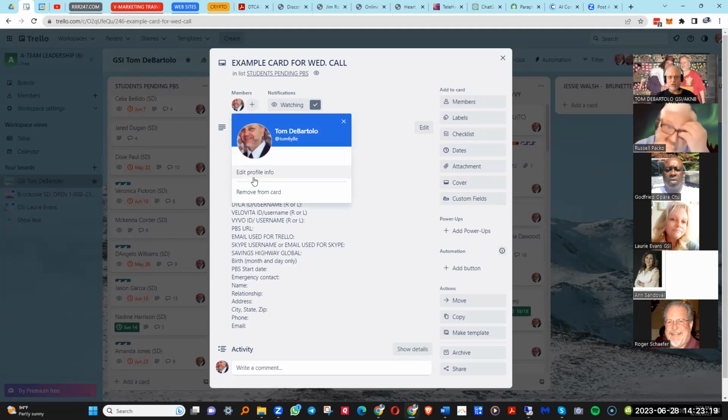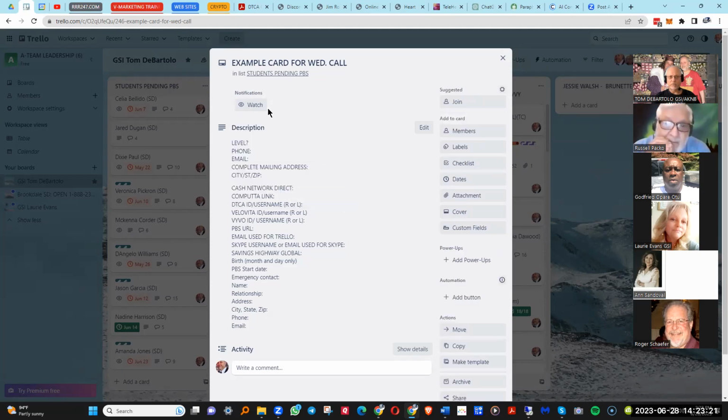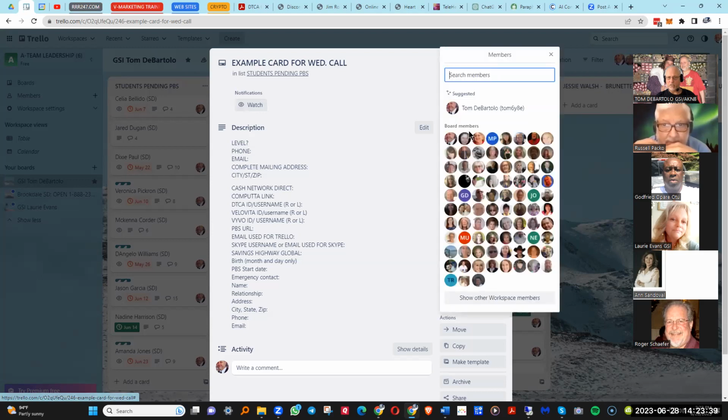Now, if it's for one of your students, you can have your name there, you can add other pictures too. But to get them, you just go over to the members. See, this one is join. When you hit join, that's your picture that comes up. If you hit members, it'll show you all the people that are there.